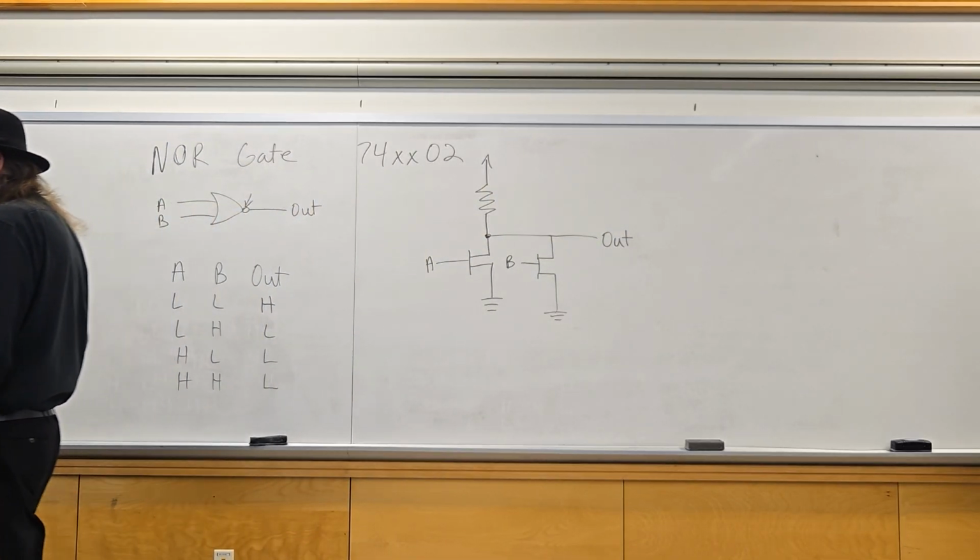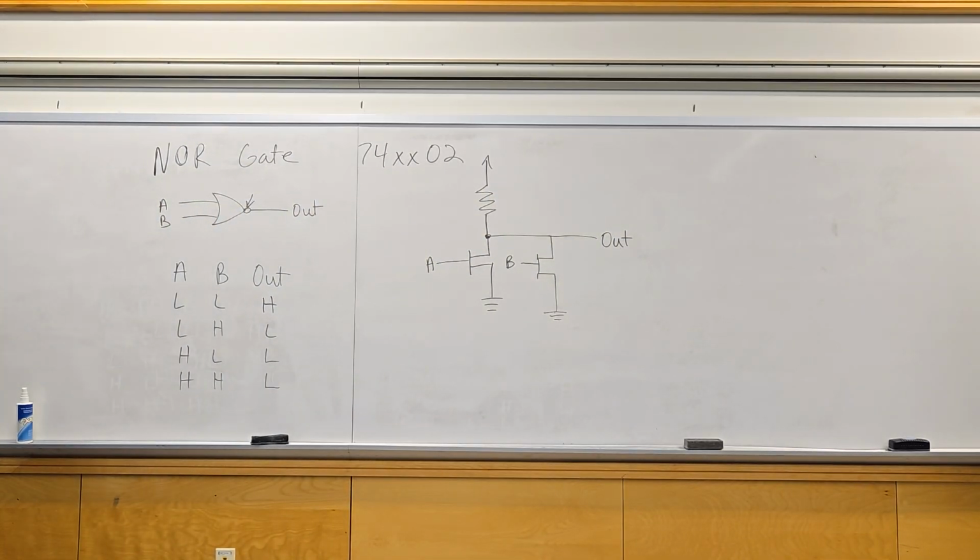It looks like the OR gate with the transistors in parallel without the inverter after it. So it's one third fewer transistors than the OR gate.